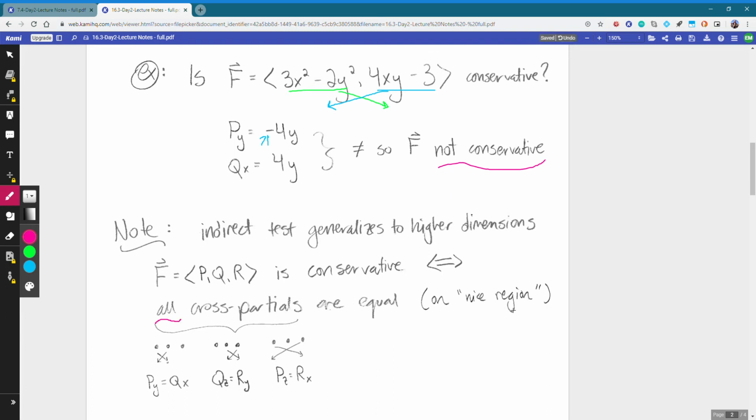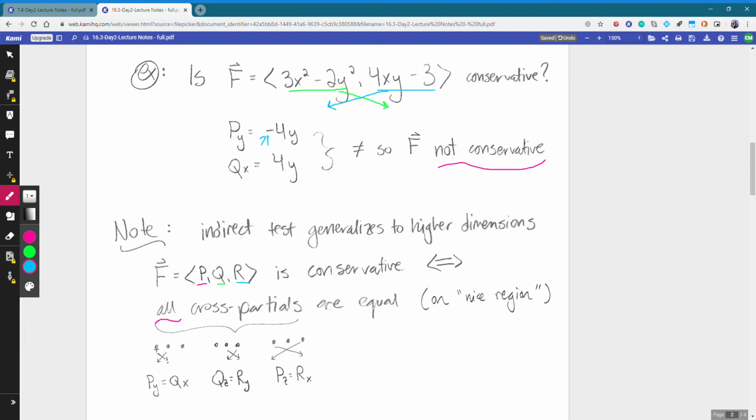Again, there is some niceness assumption on the region and all that, but we're not going to worry about it. And so what I mean by all cross partials is, well, here we have an x, y, and z component now. And we just need to pick 2 of these, and for each choice of 2, we get a cross partial.